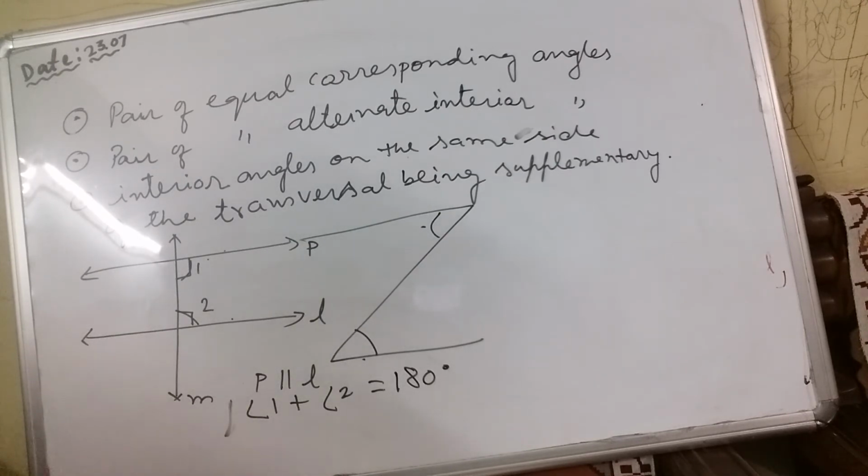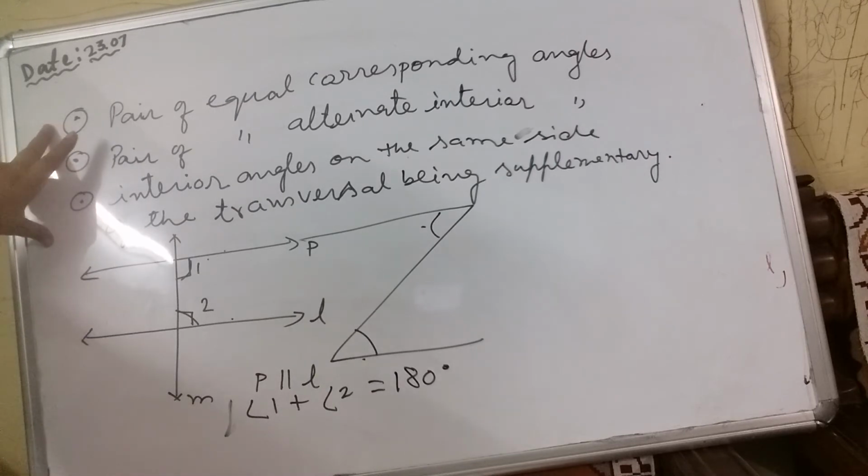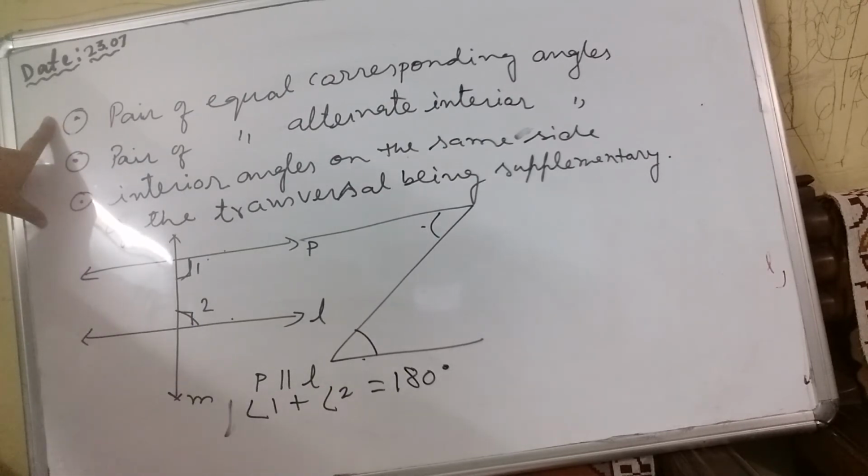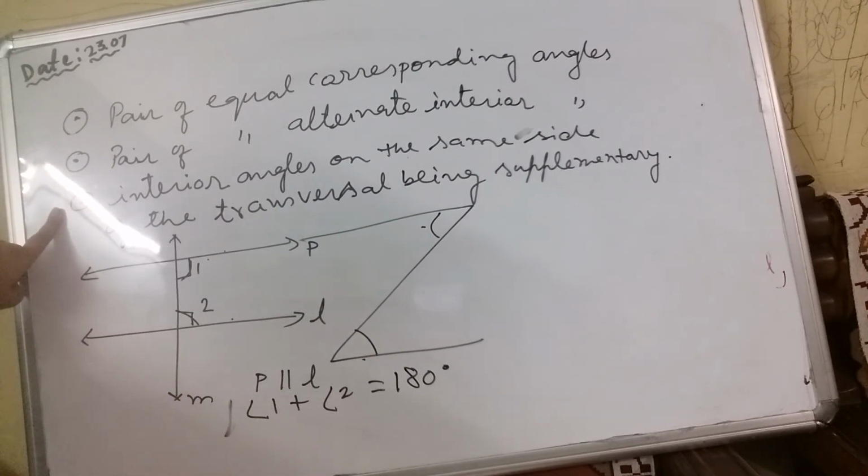So you can see these three conditions can be used in a reverse way: if a transversal cuts two lines and any one of these conditions gets fulfilled, then you can say those two lines must be a pair of parallel lines.